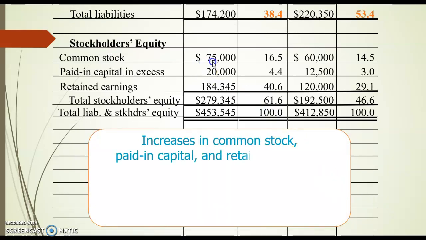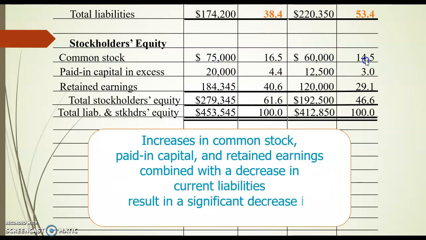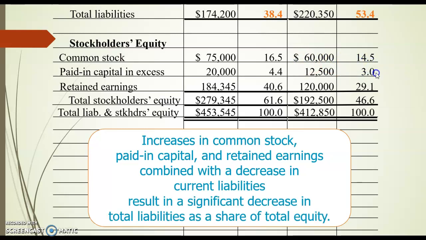Okay, for stockholders' equity, our common stock and PITC together went from 14.5% and 3% to 16.5% and 4.4%. This is because we issued new stock that would have come from the statement of cash flows. And so now the balances we have in these accounts are a higher percentage of our total liabilities and stockholders' equity than they were.